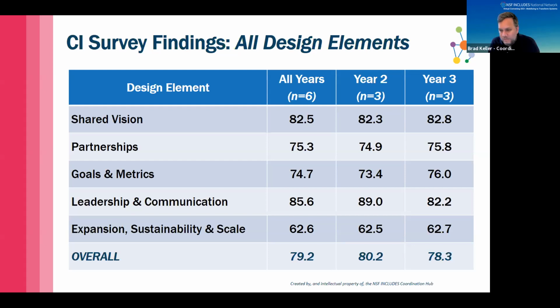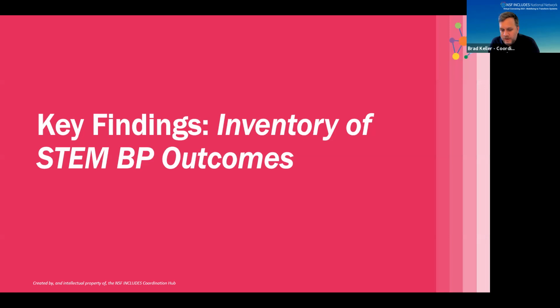Right, I'll pick it up here, and we'll talk a little bit now about the inventory of STEM broadening participation outcomes. Network members are employing a myriad of strategies to promote diversity, equity, and inclusion across a wide range of educational and professional settings.